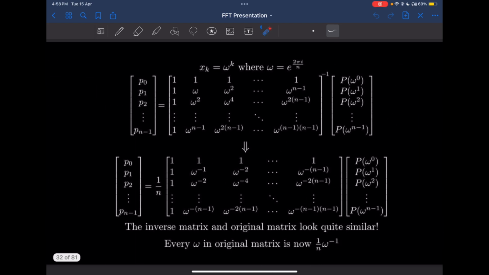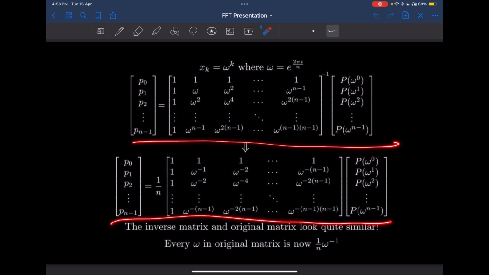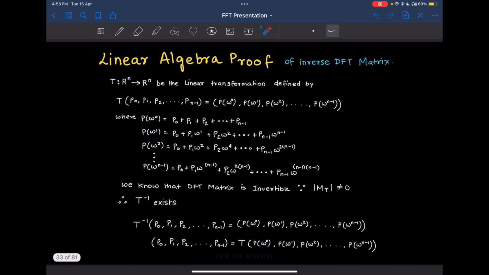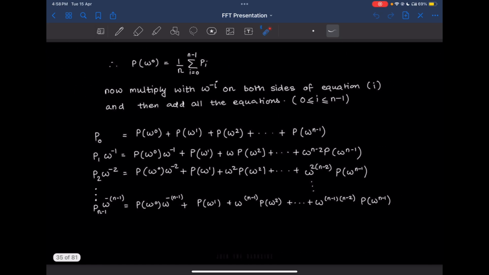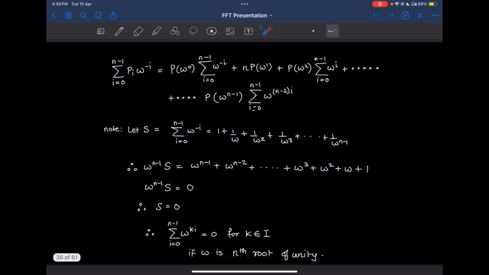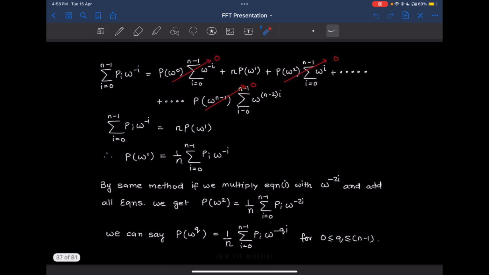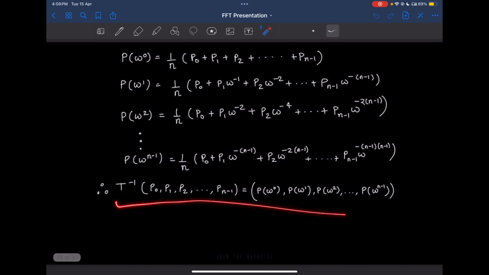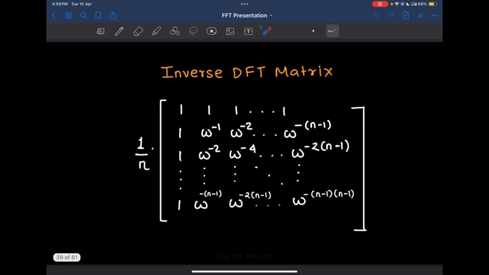And this is the difference between the FFT matrix and the inverse FFT matrix. Every term is just replaced by a negative power and a factor of 1 by n. That's it. And here is a small linear algebra proof of how we actually achieve the inverse DFT matrix. Well, that is not quite important from an algorithmic perspective, but you can refer to this if you are interested in actually knowing how the inverse DFT matrix is obtained.